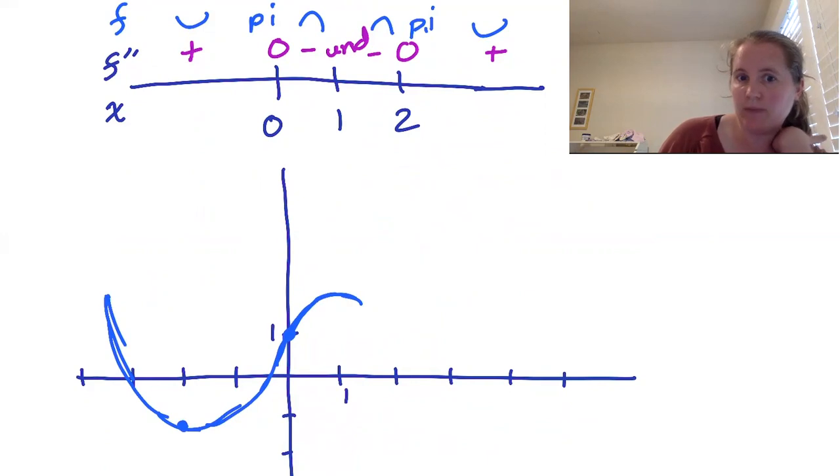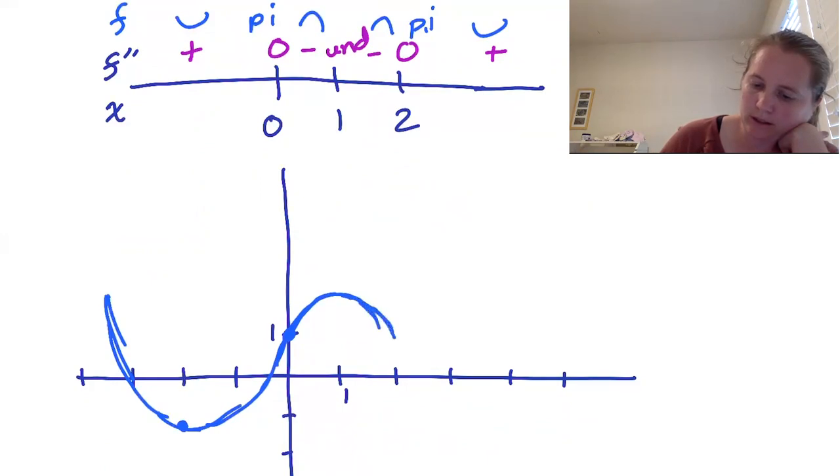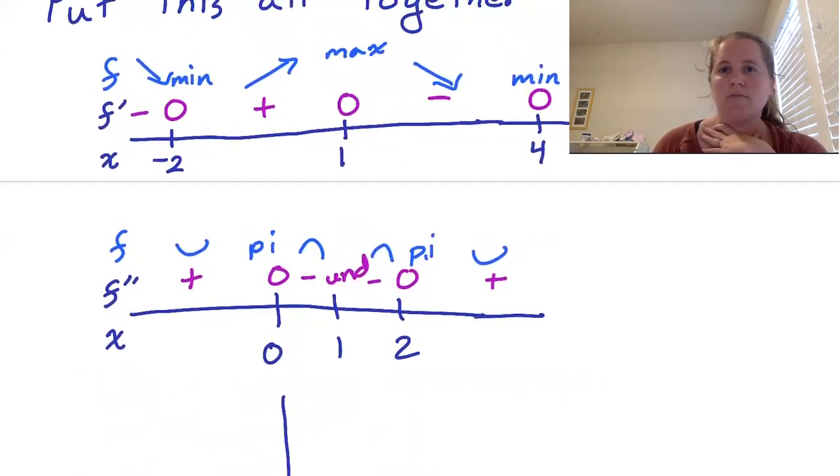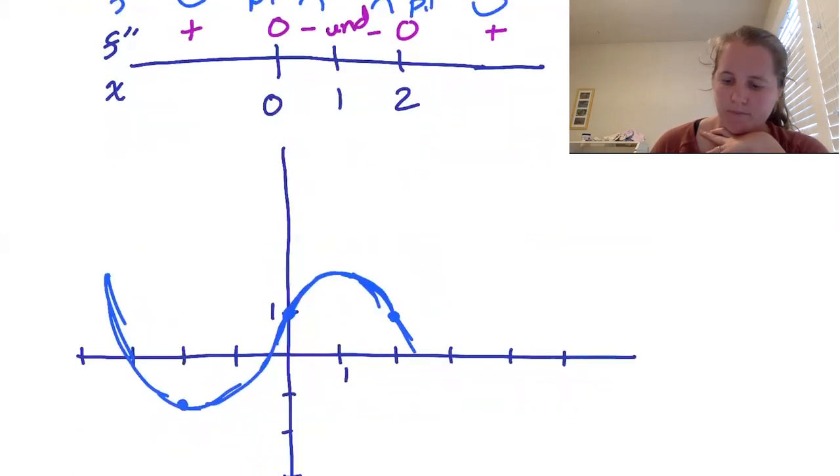And then we'll come back down. We have another point of inflection at x equals 2. And then we have a relative minimum at 4.